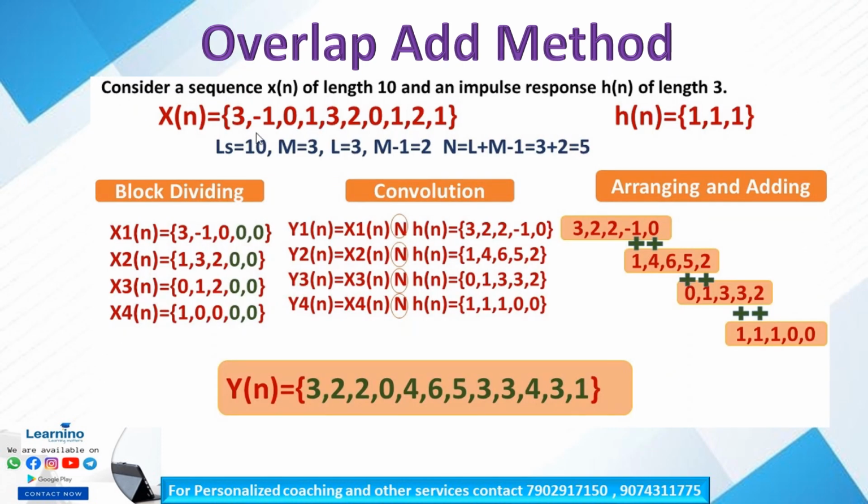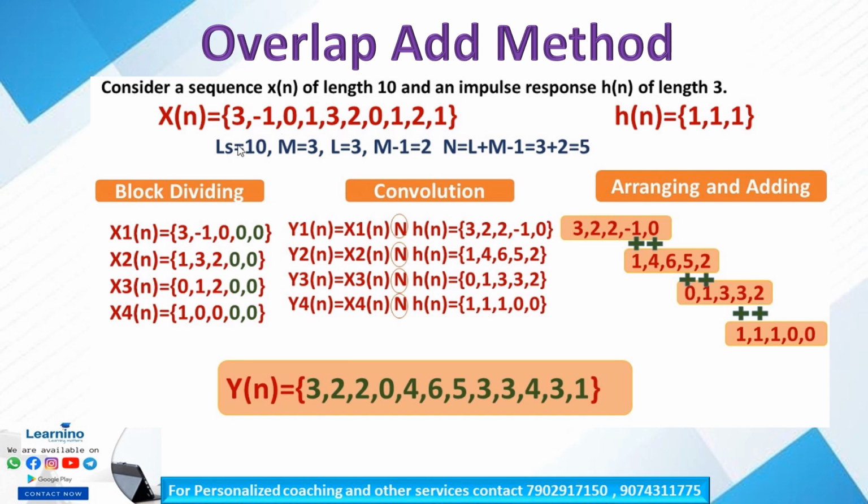To explain the overlap add method, the same example is taken, that is x of n is equal to 3, minus 1, 0, 1, 3, 2, 0, 1, 2, 1 and h of n is equal to 1, 1, 1.